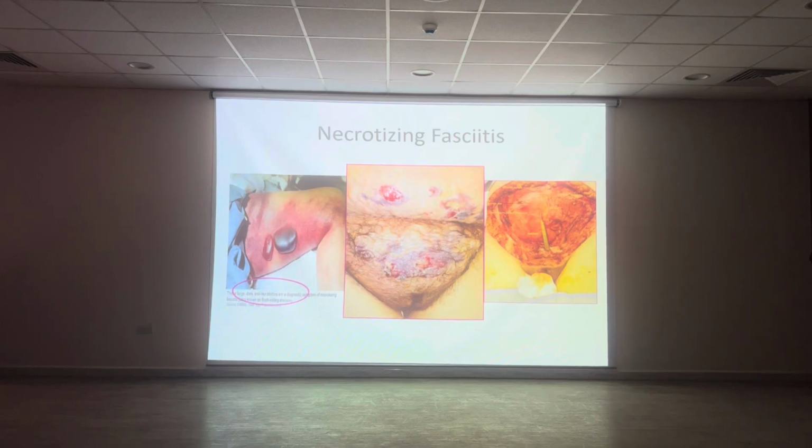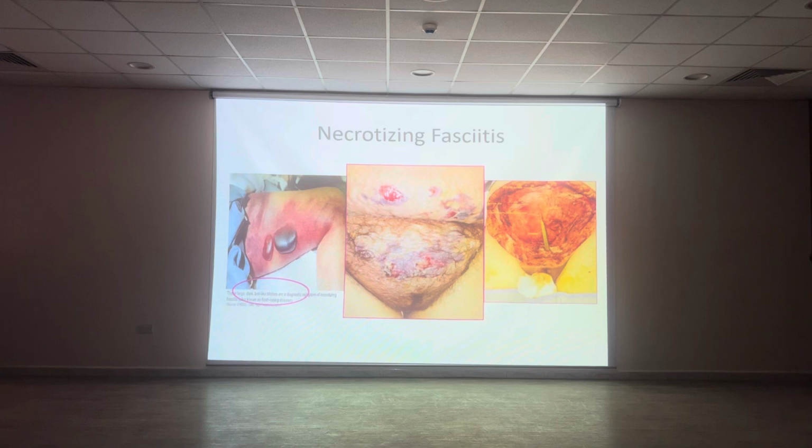It is a severe, life-threatening infection in the deep tissue, at the level of the fascia, deeper than the level of the skin. You can see the appearance in the pictures. In the picture to the left, the skin appears erythematous, or the skin may look normal, but when you feel it, it's severely tender, and you may feel crepitus underneath.